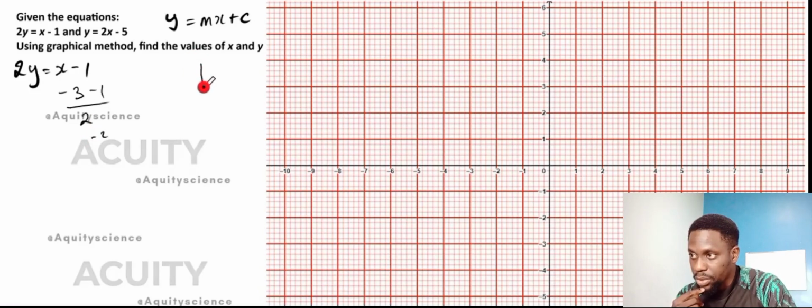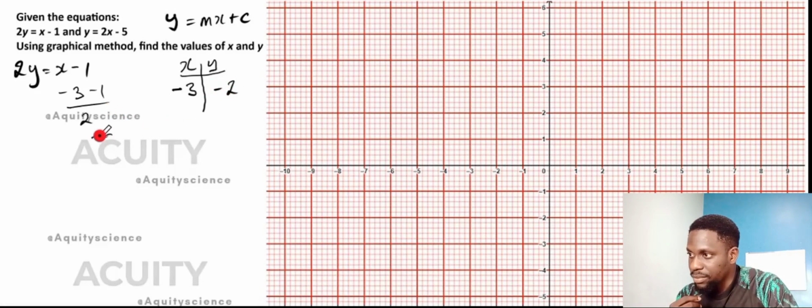I'll have a small table here, with x first and then y. I assumed x to be minus 3, just a random number. Any number can do it. Then I solved and found that y is minus 2. That is minus 3 minus 1 is minus 4, divided by 2 is minus 2.